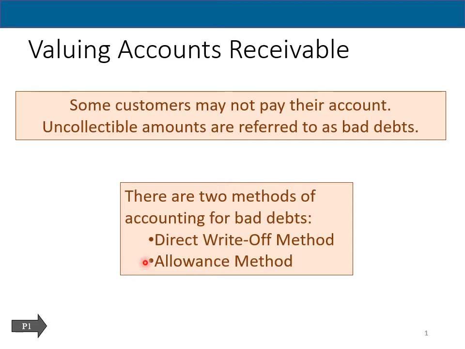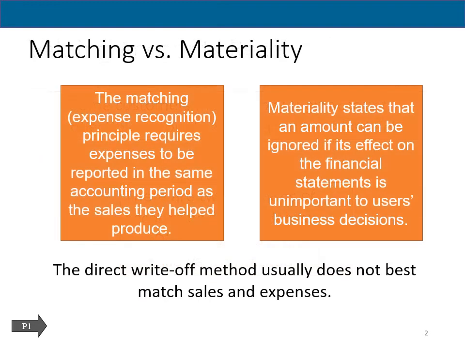If receivables are material and you do a lot of business on credit, you need to use the allowance method. GAAP mandates that if receivables are material to the financial statements, you have to use an allowance method. And there are several versions that we'll discuss in this chapter.